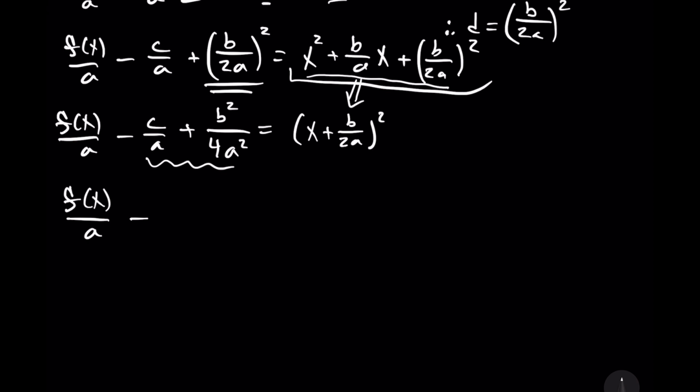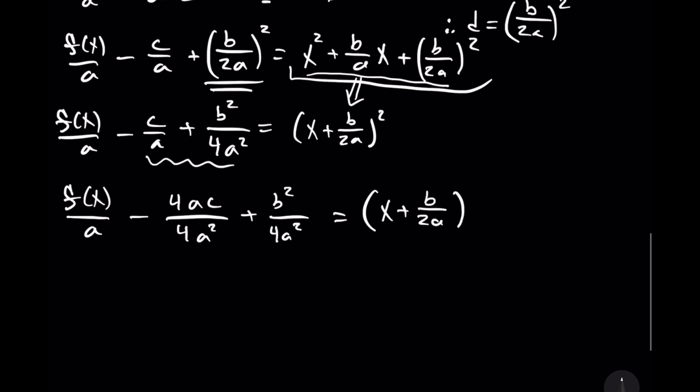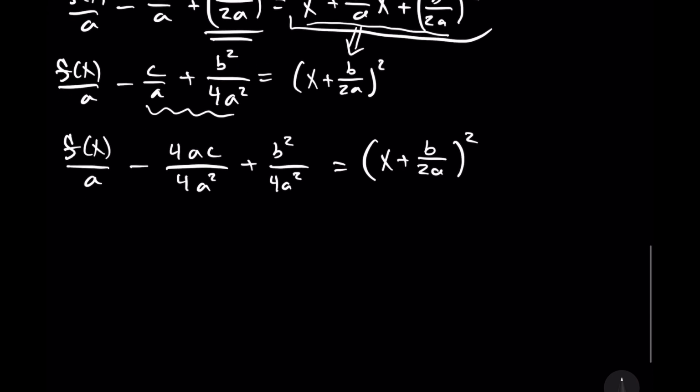Well, we can multiply the numerator and the denominator by 4a. So we have 4ac over 4a squared plus our b squared over 4a squared equals x plus b over 2a quantity squared. So we get f of x over a.